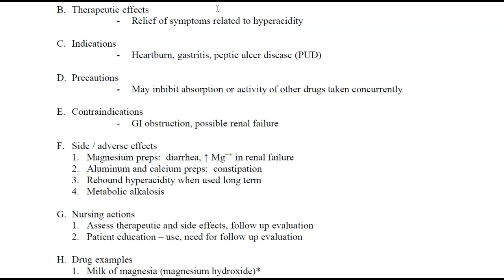It can cause an increase in acidity instead of actually helping with acidity. It becomes hard for patients to stop taking antacids because they become dependent because of that rebound hyperacidity that happens after discontinuation.